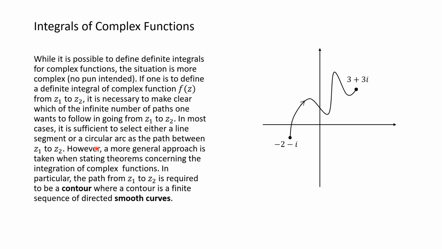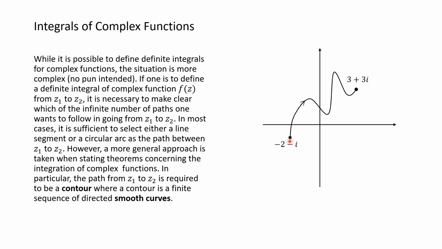In most cases, it's sufficient to select either a straight line segment or a circular arc. However, a more general approach is usually taken, and that's what we're going to do here. We'll define something called a smooth curve, and we'll put a finite number of those together to make what's called a contour. And on the right, I just have an example here.